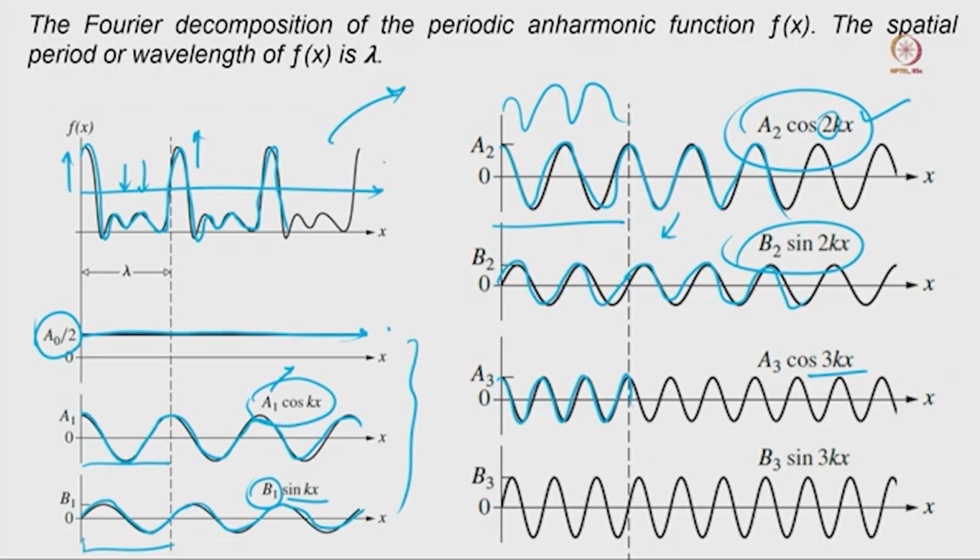Now, if you have a complicated wave function, how can you simplify it and get very simple cosine or sine wave functions? If we get those, then we can add them together and get the images.